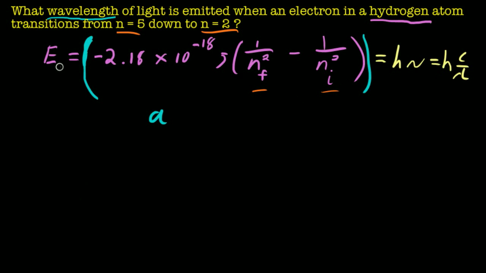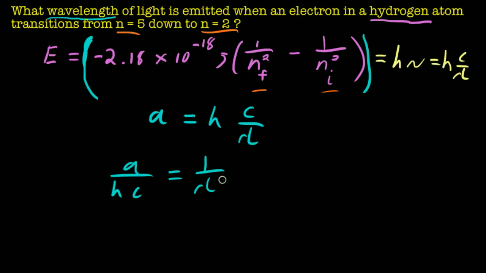So A is going to be equal to h, Planck's constant, times c over lambda. And we want to solve for lambda. The first thing we do is divide both sides by h and c. So we get A over hc is equal to 1 over lambda.